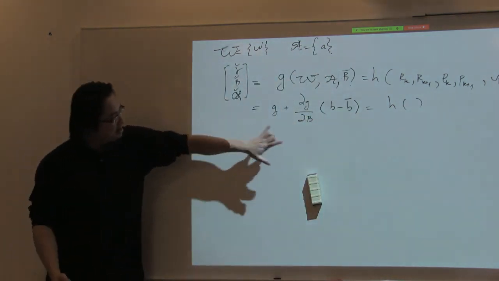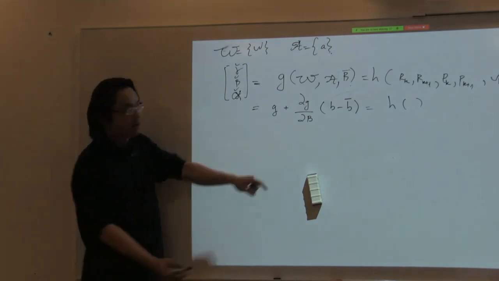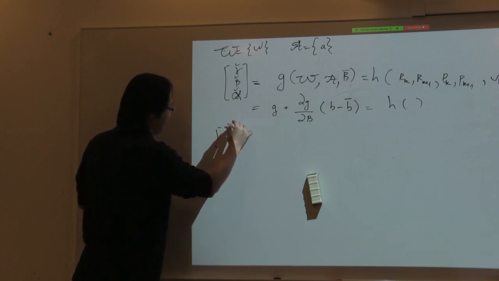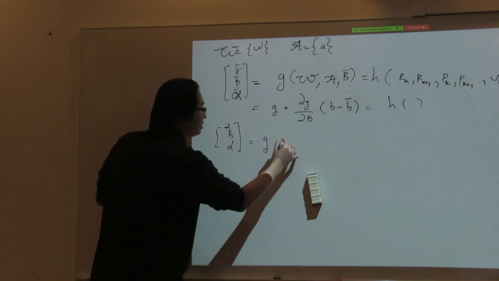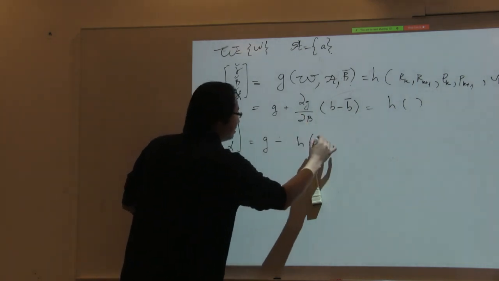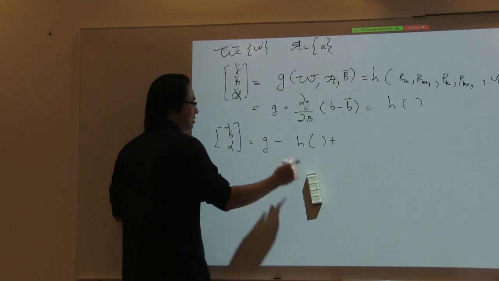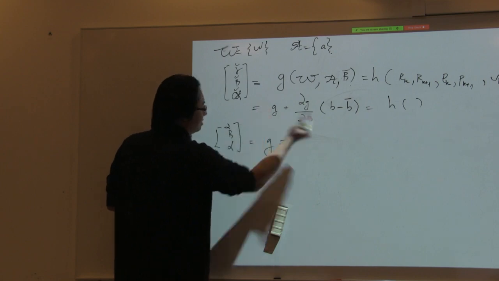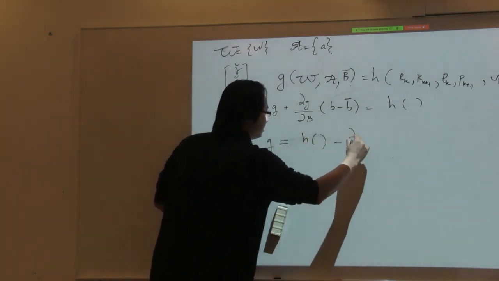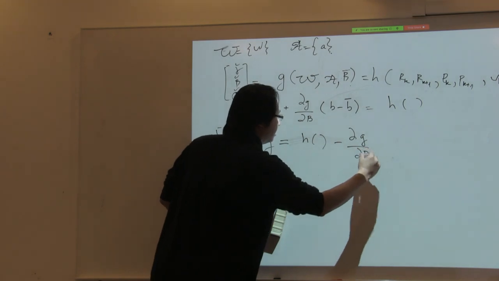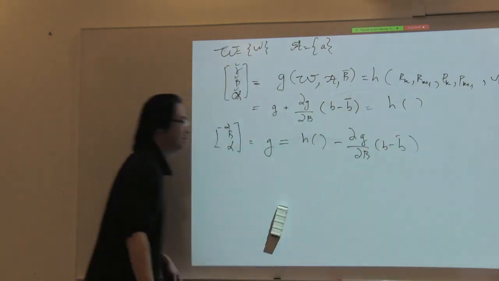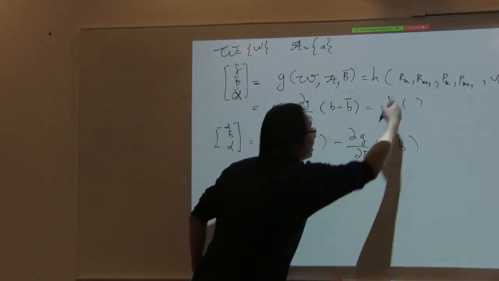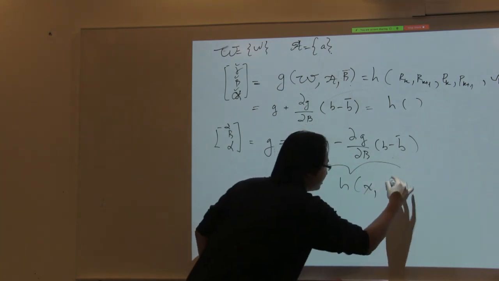So alpha, beta, gamma equals H minus delta G delta B. So this is the new observation model that has the states here plus the bias states.